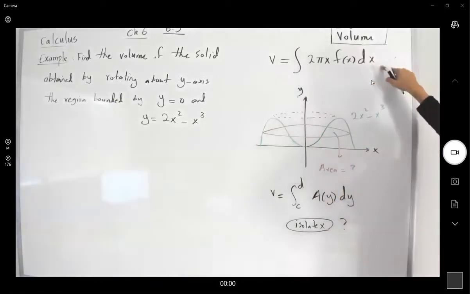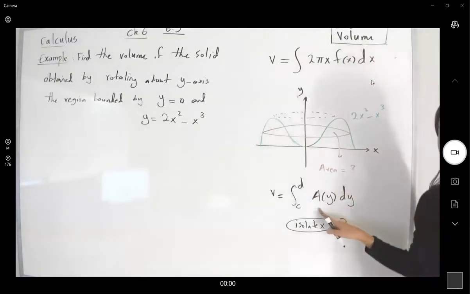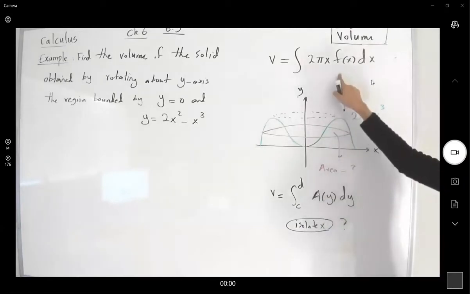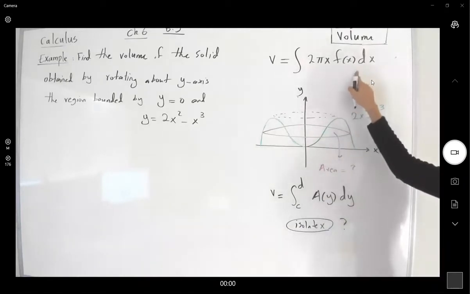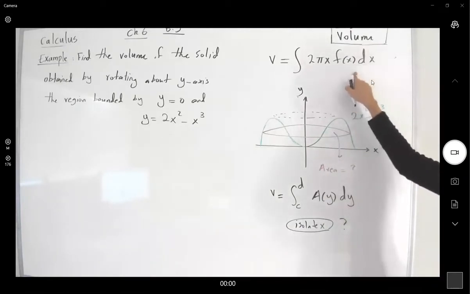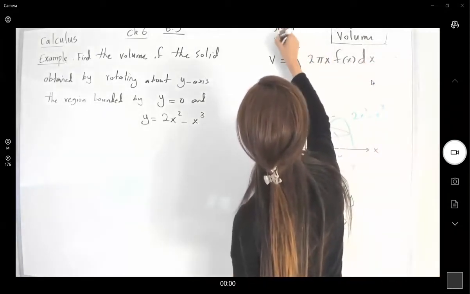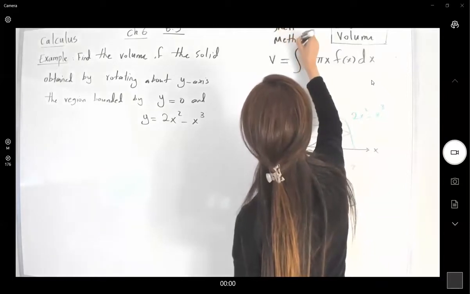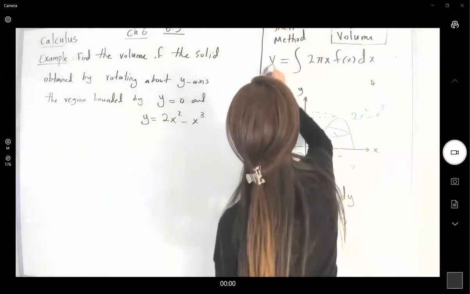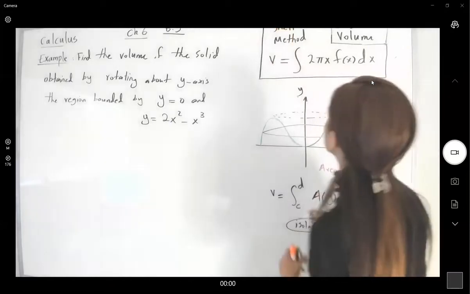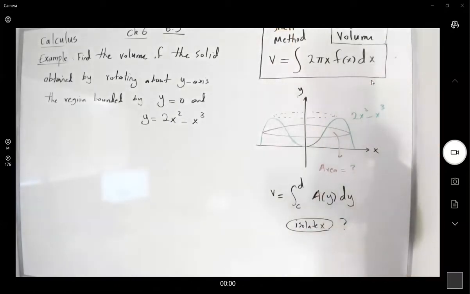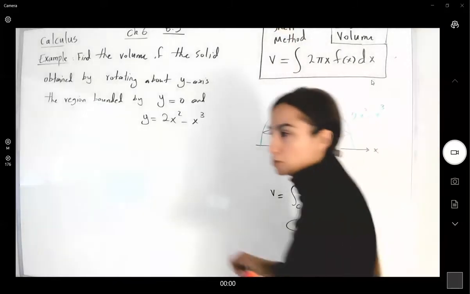You can convert the formula into 2 pi x f of x dx. This is the shell method. Okay, let's try to apply this formula and find the volume.